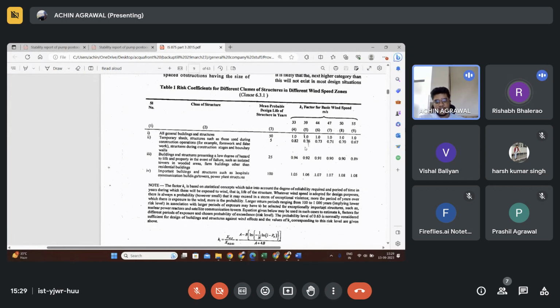If the values have a linear distribution, then you can go for linear interpolation. If the distribution is not linear, then we cannot go for linear interpolation. In that case, we just have to go for the maximum value.